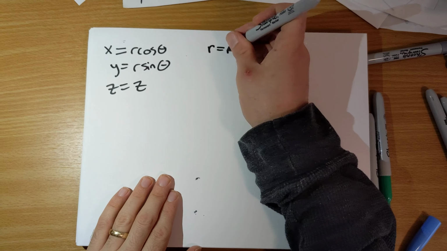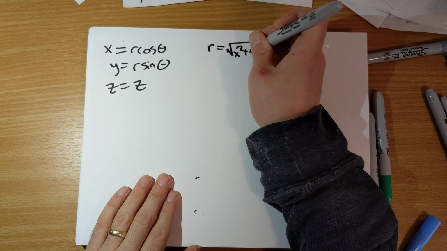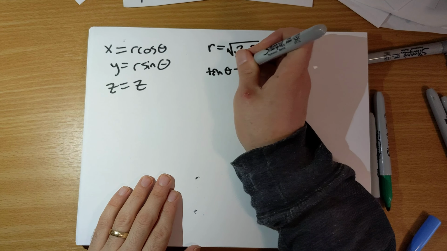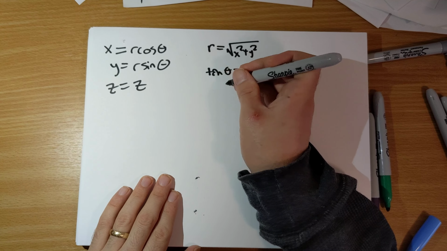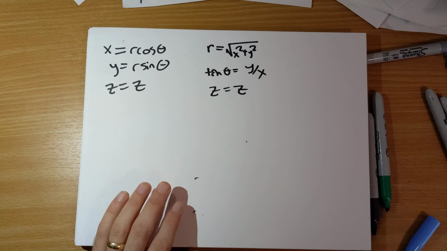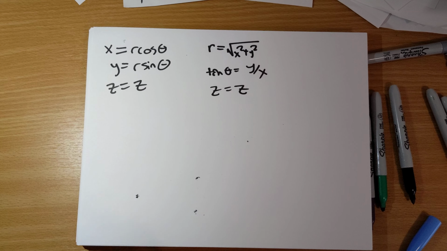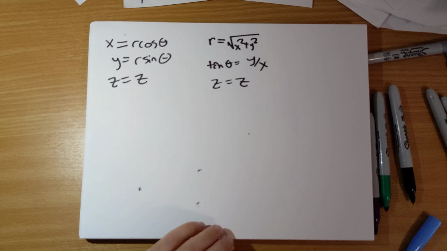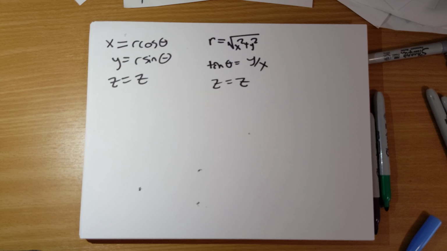Going in the other direction, r is equal to the square root of x squared plus y squared. Tangent theta is equal to y over x, and z is equal to z. So this is our first way of doing things. If you can understand polar coordinates, you basically automatically understand cylindrical coordinates.